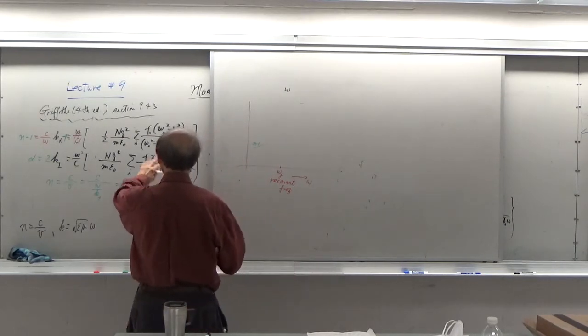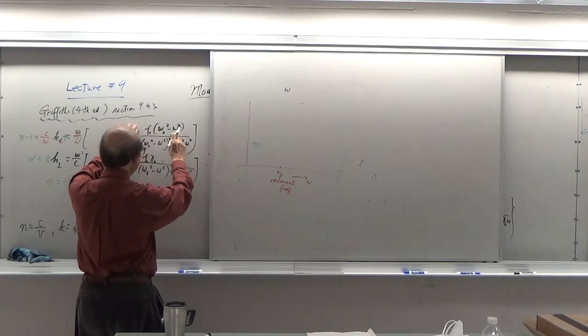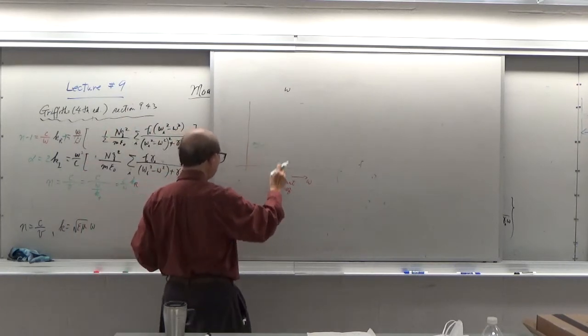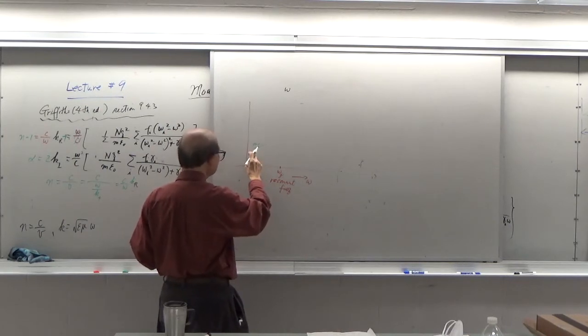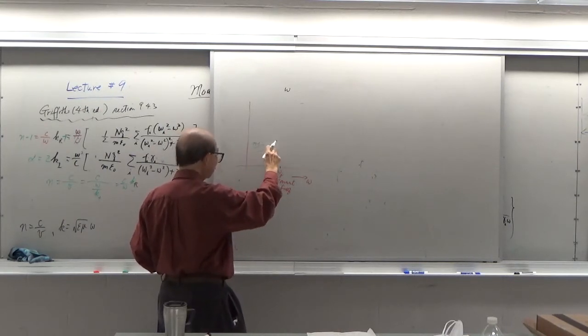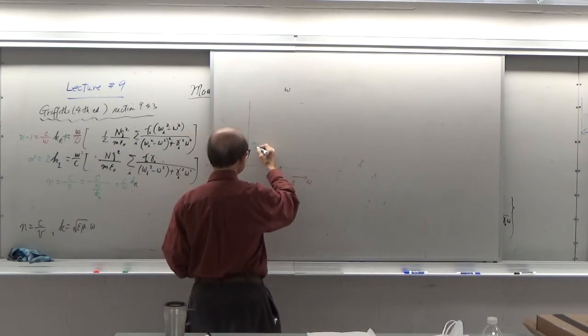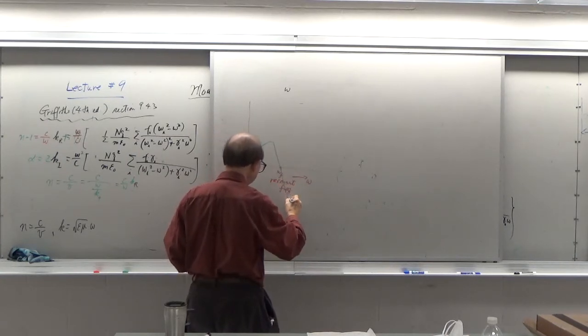On the other hand, when omega is equal to omega j, this is 0. So this curve for n minus 1 is eventually going to turn down so as to hit 0 at omega equals omega j. So this goes this way, and this falls sharply, and we come back.